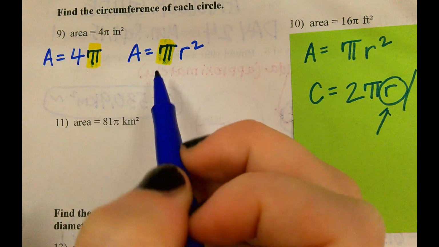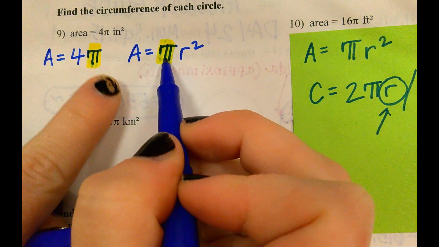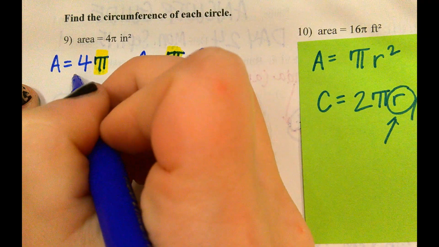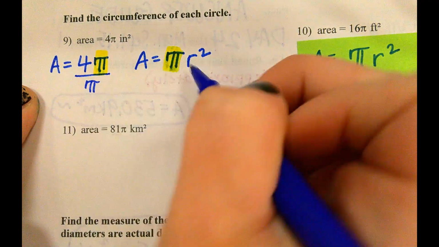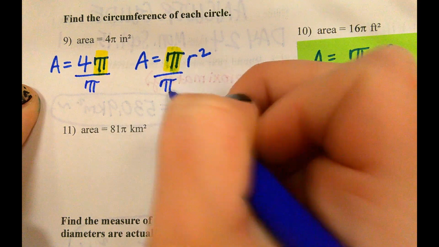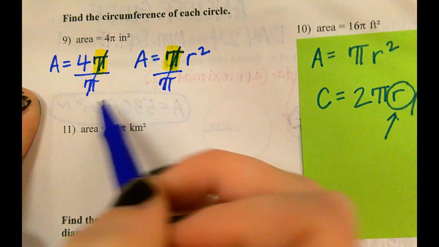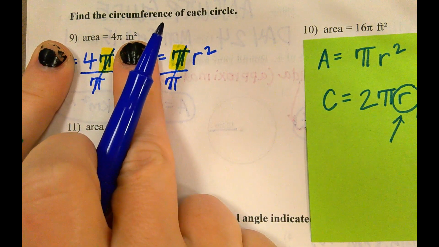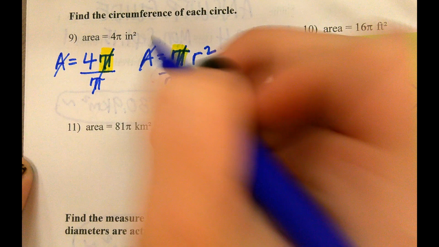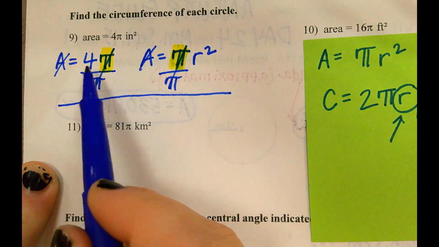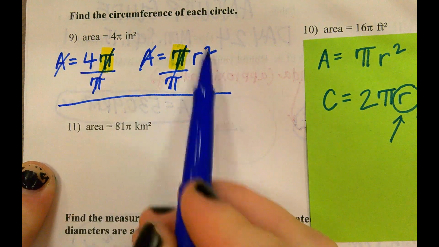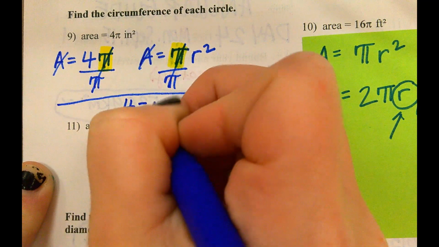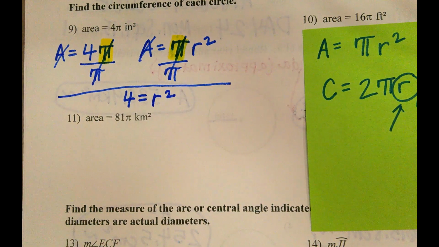So if I were to remove the pi, maybe by dividing, let's do that. Let's divide by pi. And let's ignore the area. What we have left is 4 and radius squared. So I know 4 is my radius squared.